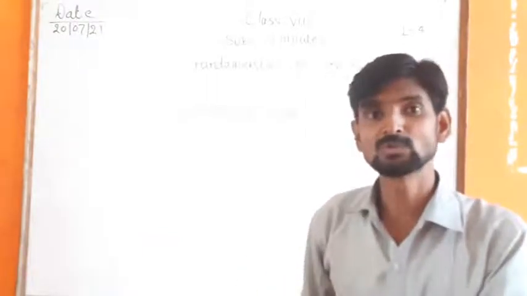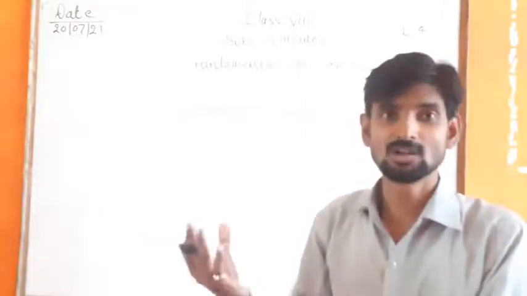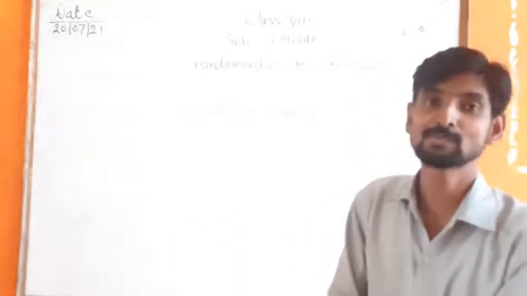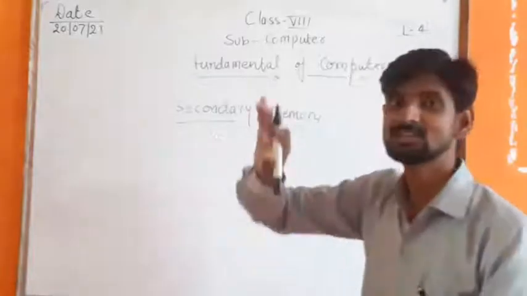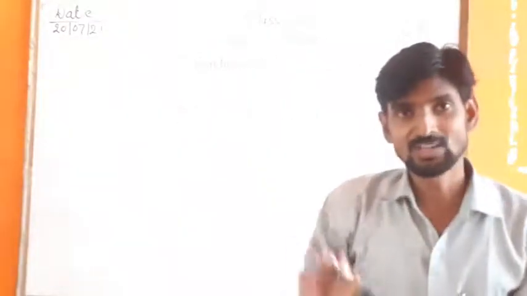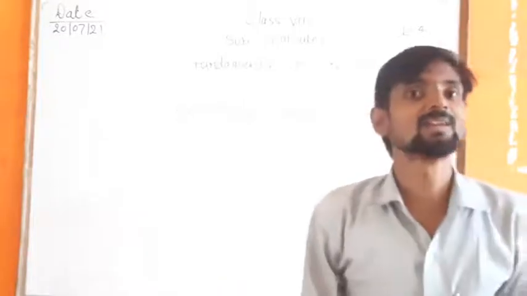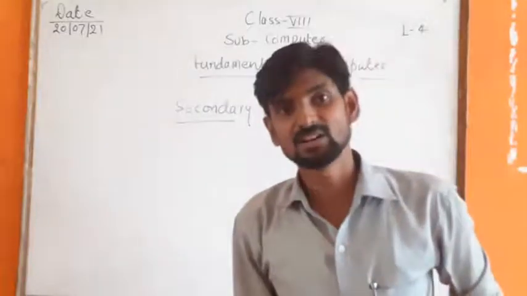So if we have to save our data for the long term, for further use, we have to save our data into secondary memory. There are some types of secondary memory in which we save our data on a permanent basis.